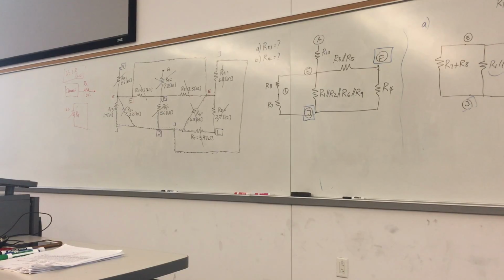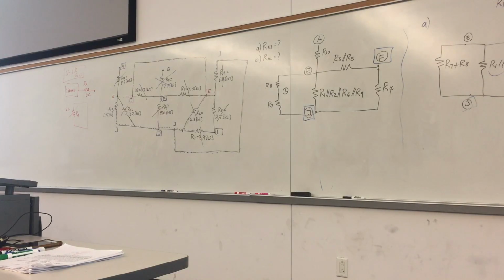Depending on what you want to keep, what you can lose, that's what's going to determine, because there's only one single series combination that is correct here, right? Remember series combinations loses a node, and you're only allowed to lose this node here. So this resistor and this resistor are in series combination, right? And then combined together, that's going to give you 2 resistors in parallel between F and J.